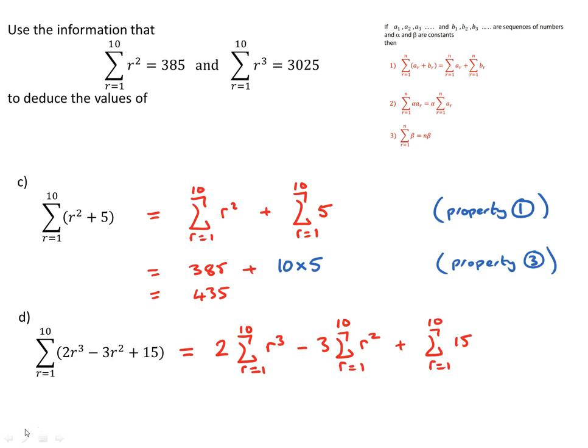So that's going to be 2 times 3025 minus 3 times 385, plus then the sum between r equals 1 and 10 of 15 is going to be 15 plus 15 plus 15 10 times over, so that's going to be 15 times 10 or 150. So altogether there we end up with 5045.